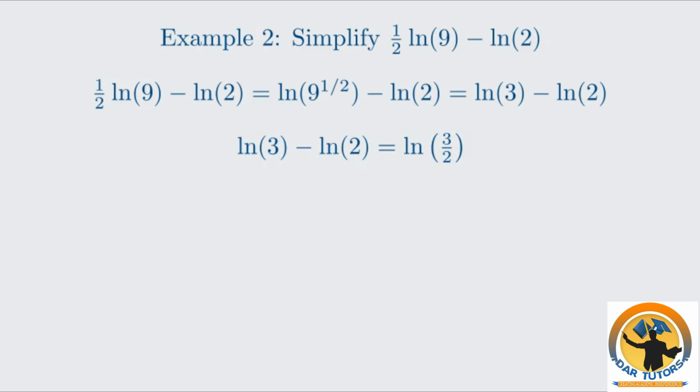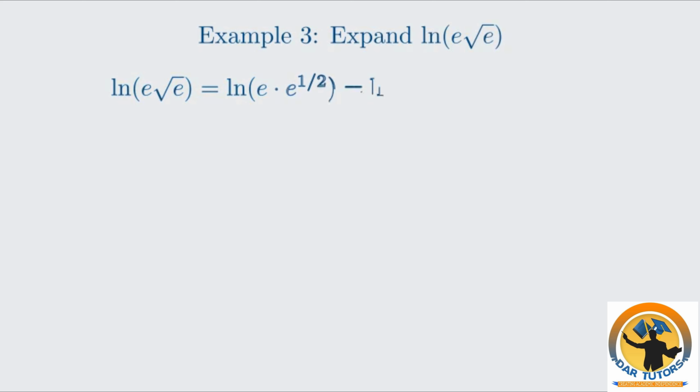Now let's go the other way and expand a single logarithm. Expand the natural log of e times the square root of e. First, let's rewrite the expression inside the logarithm using exponent rules. The square root of e is e to the power of 1/2. So we have e times e to the 1/2. When multiplying powers with the same base, we add the exponents. 1 plus 1/2 is 3/2.